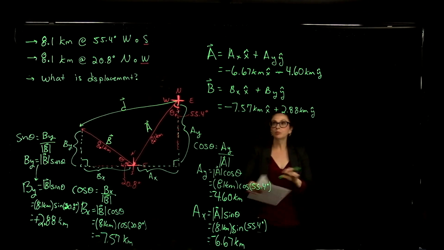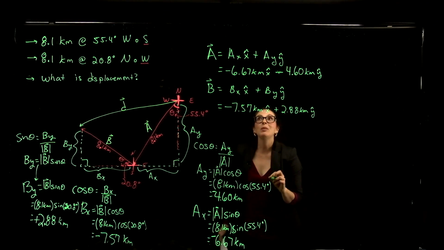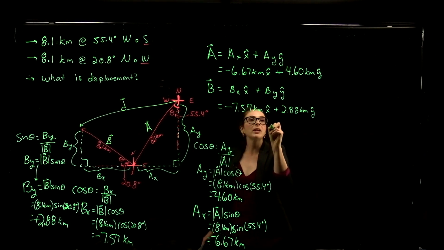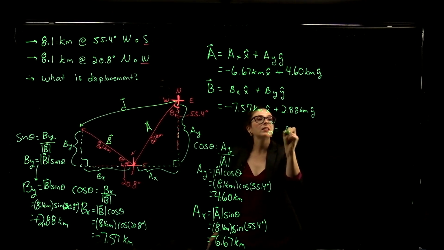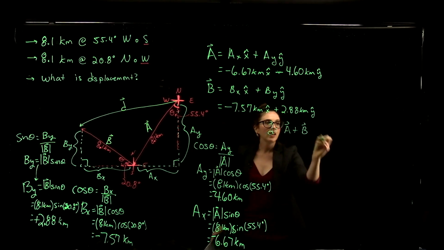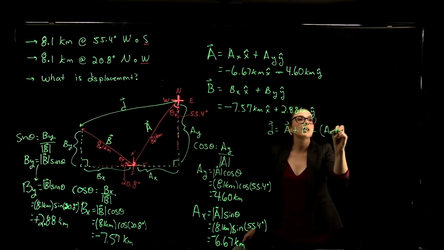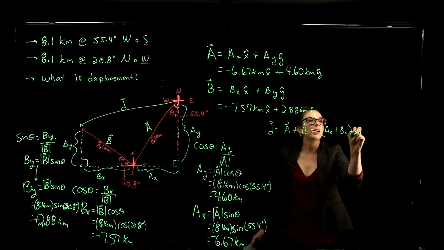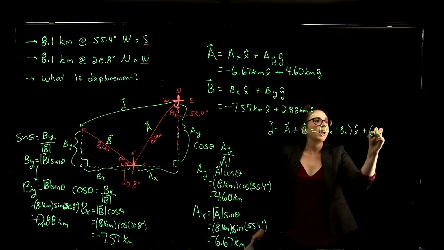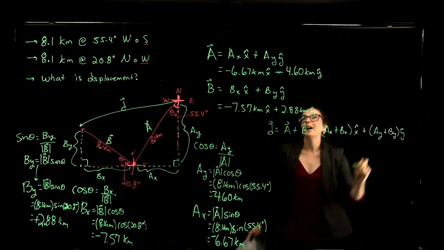Now we can take the sum of these vectors. Okay? Sum of these vectors, our displacement vector, is going to be the sum of vector A plus vector B. Okay? And so then that's going to be equal to (ax plus bx) x hat plus (ay plus by) y hat.